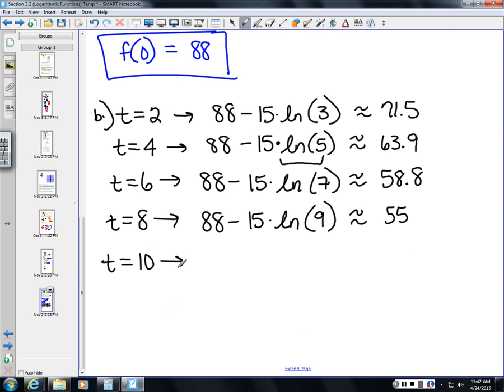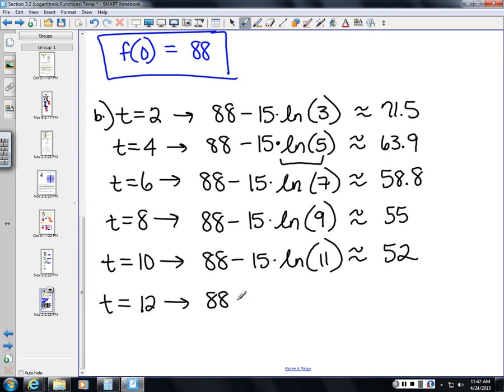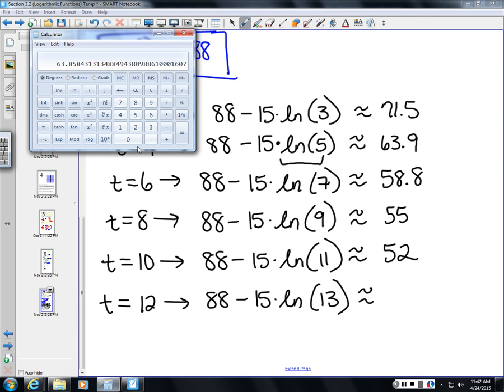The next one was 10 months: 88 minus 15 times natural log of 10 plus 1, which is 11. Plugging that into the calculator, you should get 52. And t equals 12: 88 minus 15 times natural log of 12 plus 1, which is 13, and you should get 49.5.